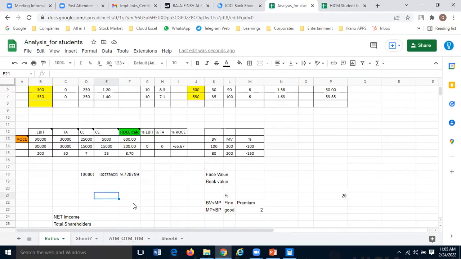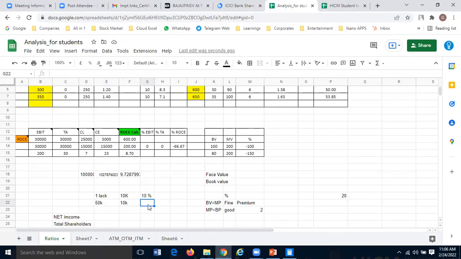See, if I give you 1 lakh rupees and tell you to do business, and on 1 lakh rupees you earn 10,000 rupees, it means you are earning a 10% rate of return. If I give you 50k and still you earn 10k, it means your capital employed is less but you are earning the same profit.